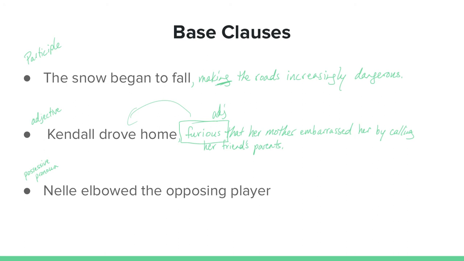And this last one, I'll use a possessive pronoun. Nellie elbowed the opposing player, her aggression earning her a yellow card. So her is our possessive pronoun, and I'm using that as sort of a jumping-off point for the rest of the adjectival step. And those are examples of adjectival steps. Mindeman out.